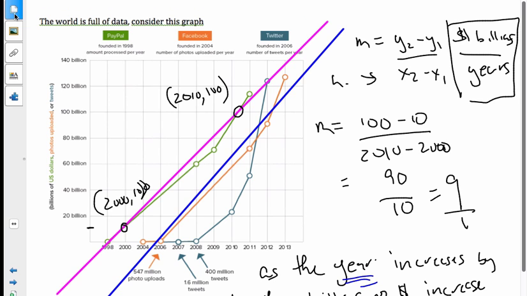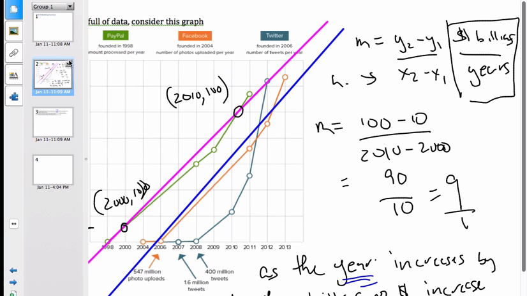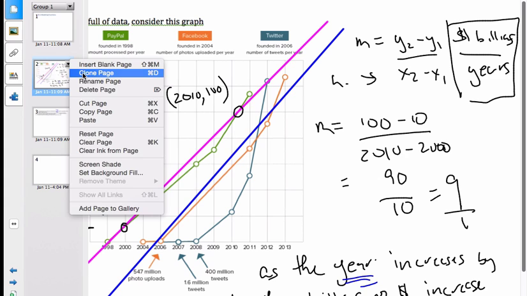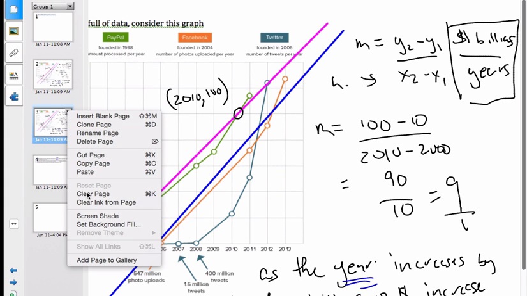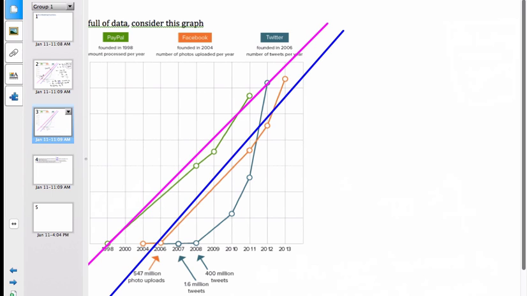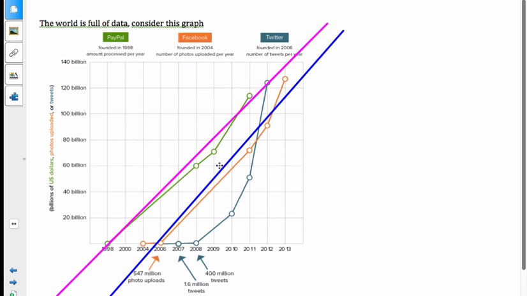Let's copy this one and clone it, and we will delete the ink. Okay, so let's now do the same thing for Facebook. All right, so Facebook, again, we want the slope. We need to get some points. Now, if I look at the orange one, let's pick this value here, which looks to be 2012, and 100 billion.